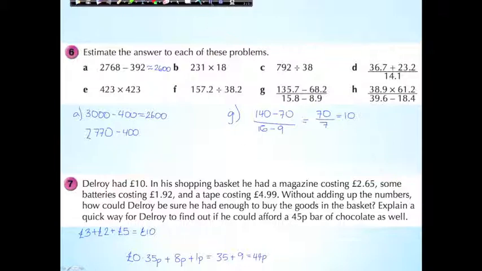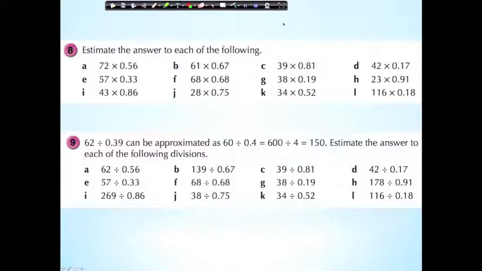Okay, so now we're going to estimate the answer to each of the following. And we've got decimals here as well, so we're going to have to round and then also use the method of multiplying with decimals. Okay, so if we do the first one together, we've got 72 times 0.56. 72 is close to 70, times that by, I'm going to round that up to 0.6.